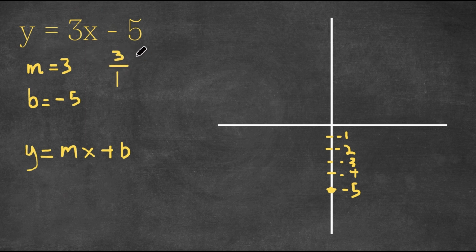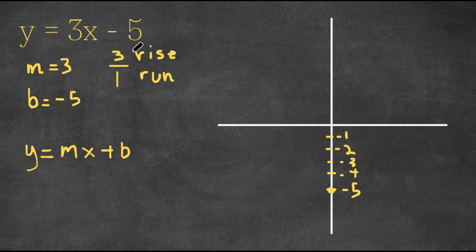And 3 is going to be the rise, while 1 is going to be the run. And a slope is always given by rise over run. Rise is how much you go up by, and run is how much you go horizontally.